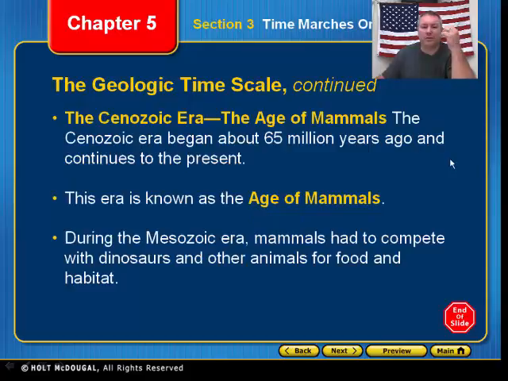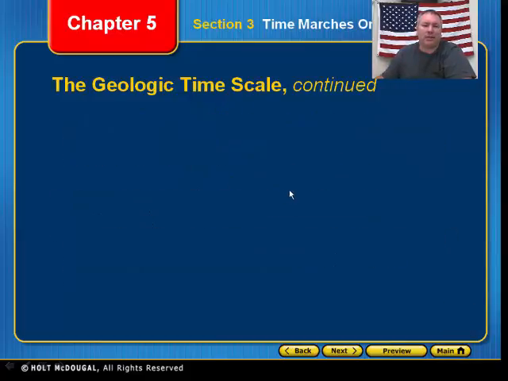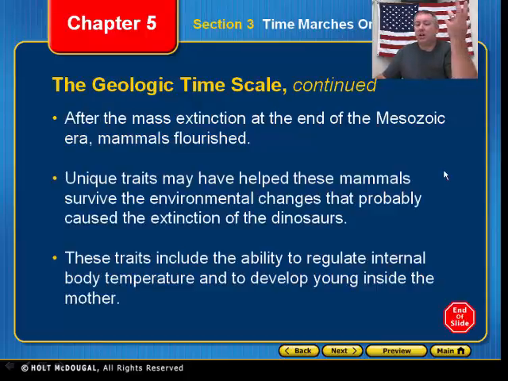And then the Cenozoic era, which is us, the age of mammals. The Cenozoic era began 65 million years ago and continues to the present. This is when mammals ruled the Earth. So after the mass extinction event in the Mesozoic era, we mammals flourished.